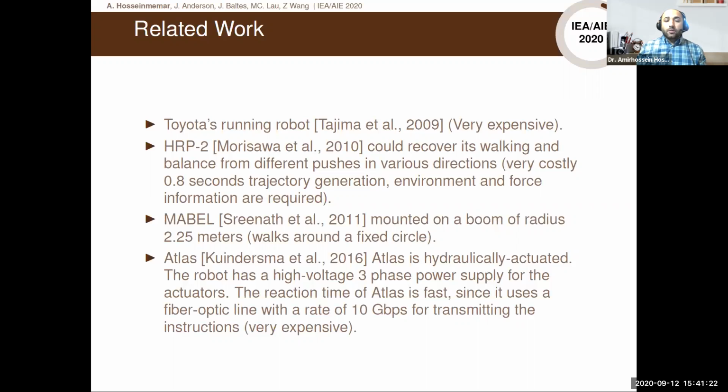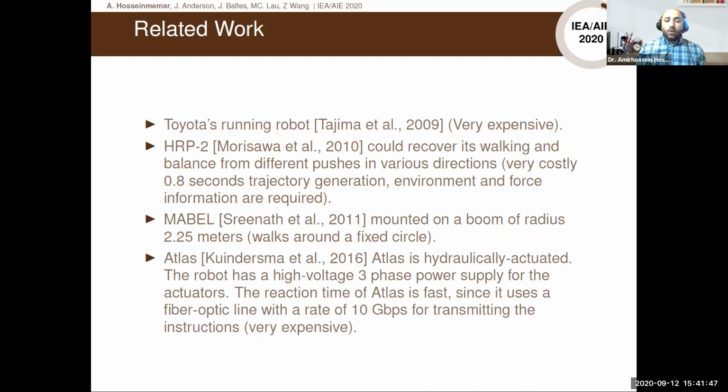Mabel in 2011 was mounted on a boom of radius 2.25 meters that could walk around a fixed circle and was hit by external pushes. However, again, it was mounted on a boom, and something was holding it from the inside.